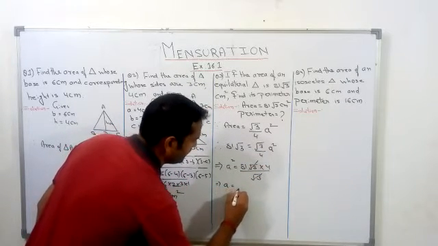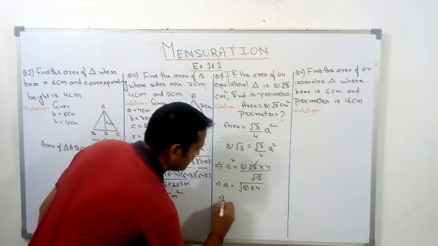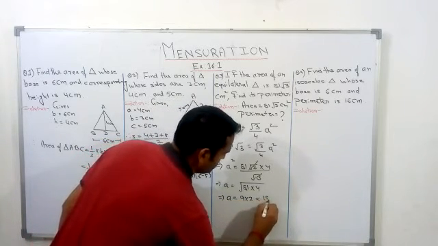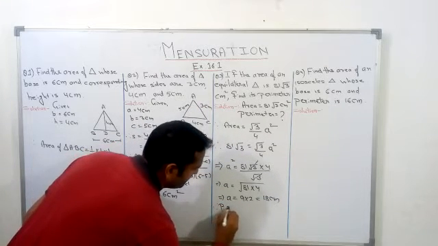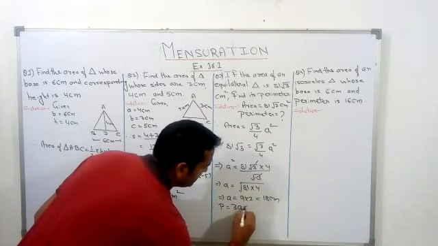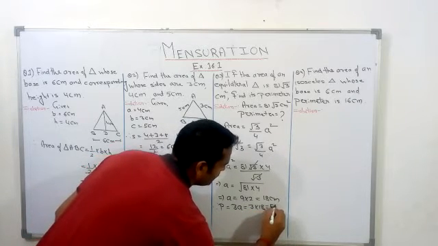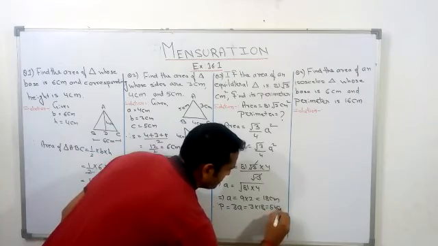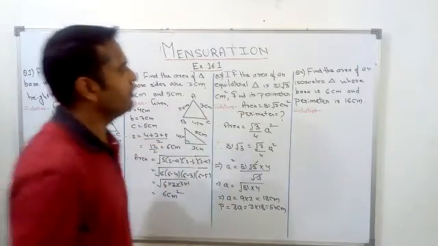Therefore, A equal to square root of 81 into 4, which is 18 cm. Therefore, perimeter equal to 3A, 3 into 18, 54 centimeter. Clear, students?